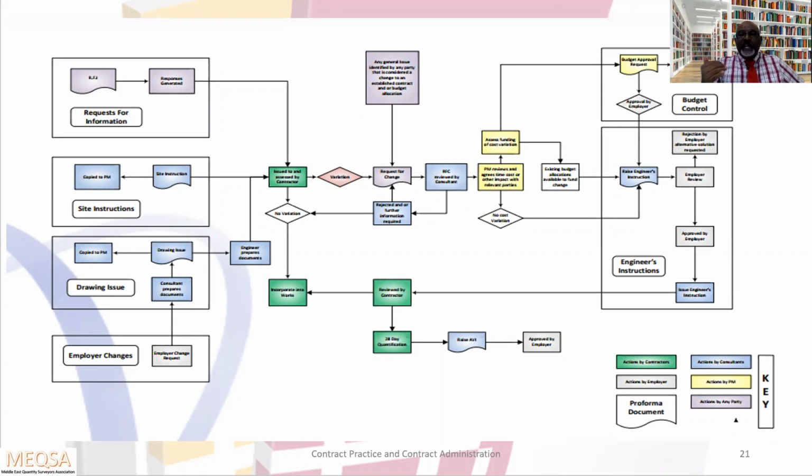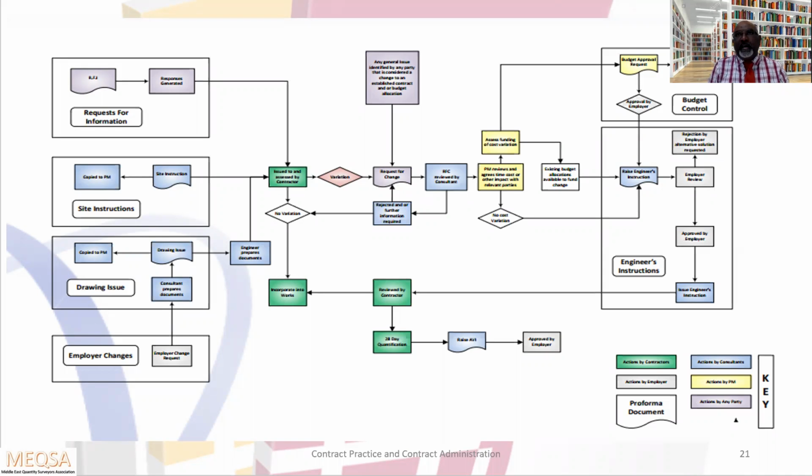Once the engineer receives it, he will review. If he wants further information, he will request the contractor. Otherwise, based on the available information, he will evaluate and verify those changes. Then if it is a valid change, he will advise the employer.